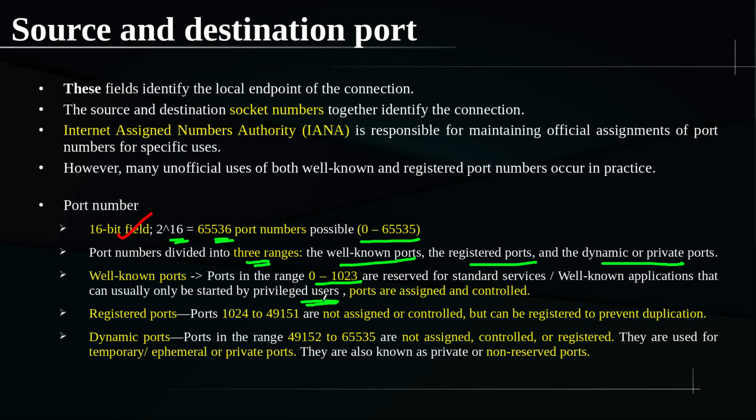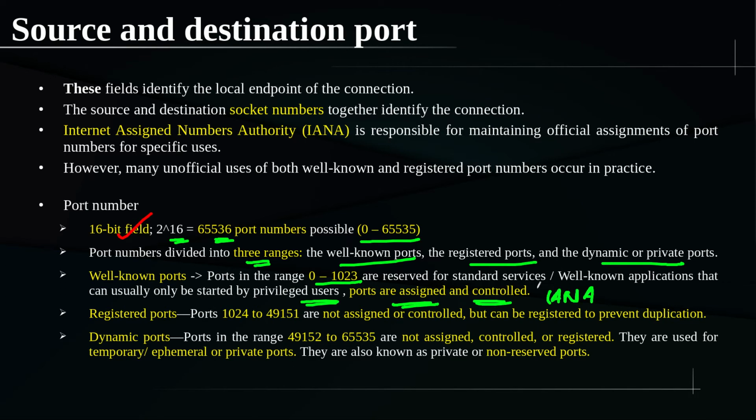So only privileged users can start such well-known applications, and they are given well-known port numbers that are not going to change. They are permanently assigned these ports, and we will see examples of well-known port numbers. These ports are assigned and controlled by IANA.